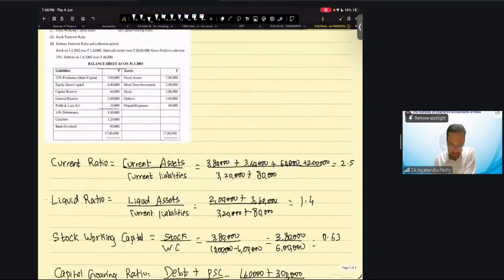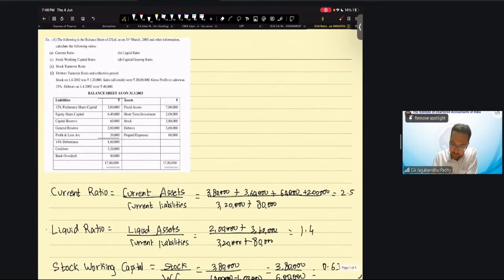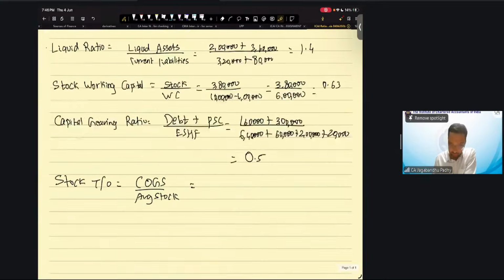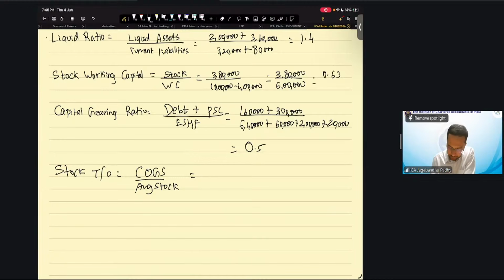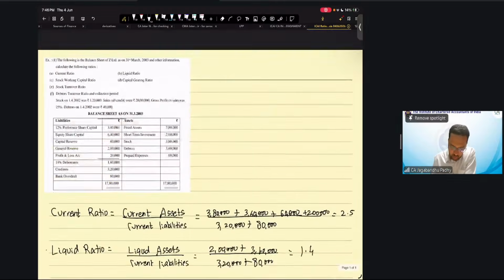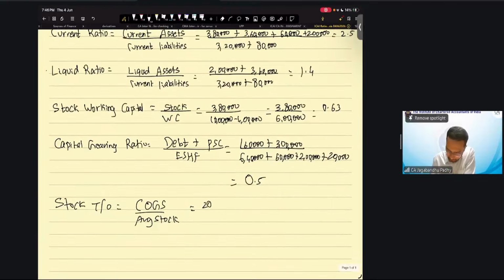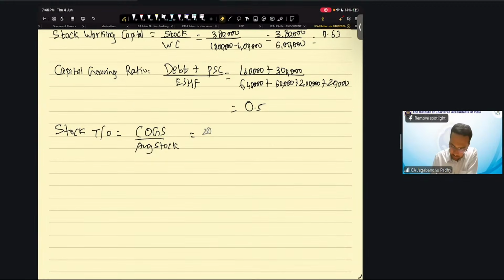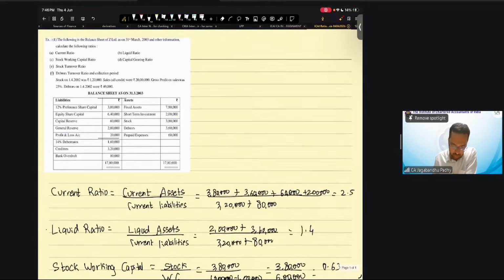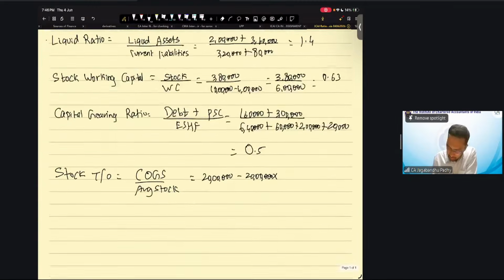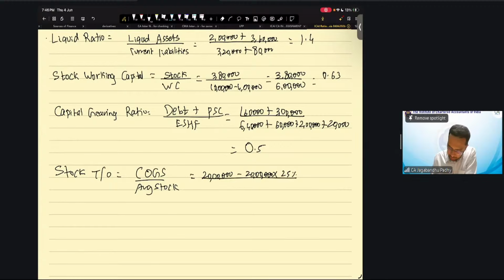So we have the COGS number. We have the sales figure 20 lakh, of which GP is 25%. So COGS is going to be sales of 20 lakh minus the gross profit, because the gross profit is 25%. This is your COGS.